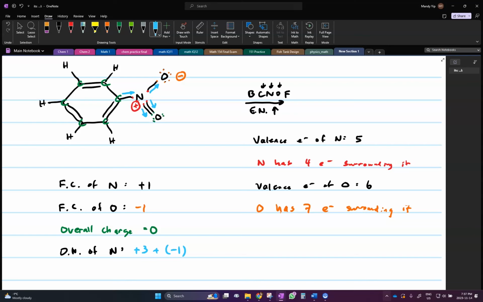But don't forget, there's a formal charge of +1 on the N because it has lost an electron to begin with. So plus 1. So +3 minus 1 plus 1 is +3. And that's how you do oxidation number.